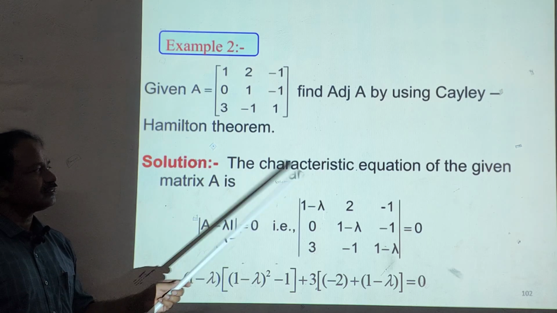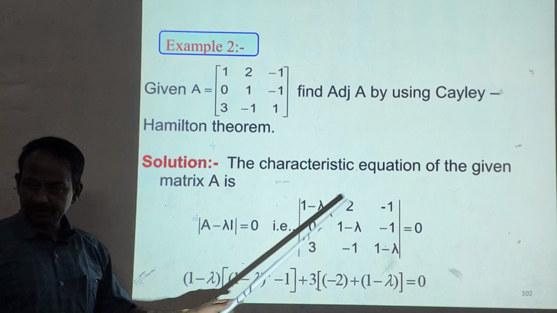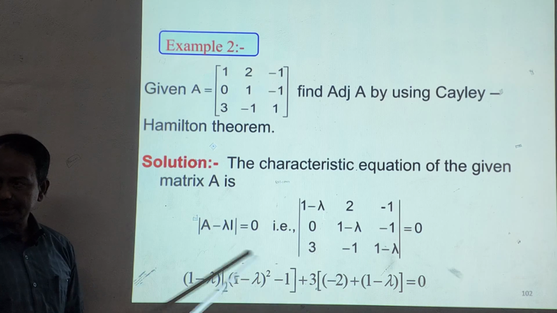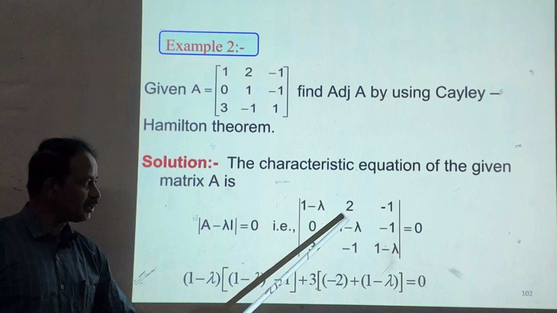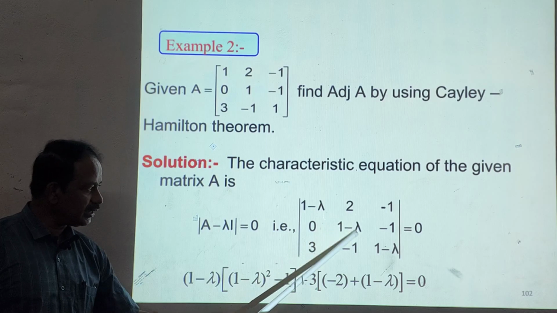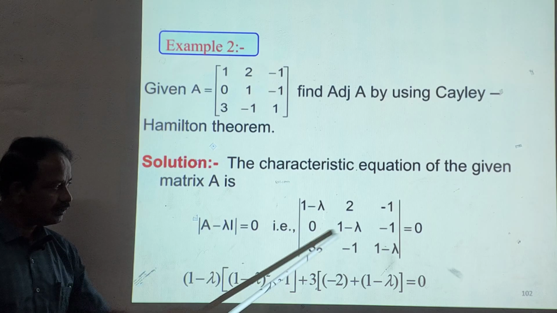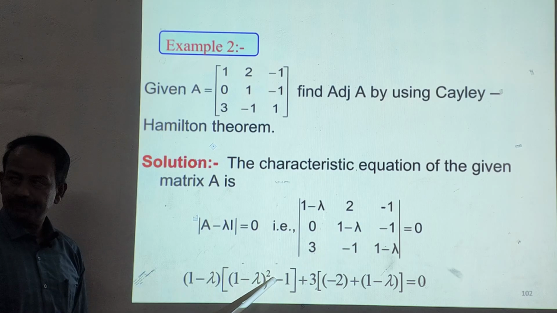First, we will find out the characteristic equation of the matrix. So, A minus lambda I equal to 0, and this is your A minus lambda I, and we can find out the characteristic equation exactly like this. So, 1 minus lambda multiplied by 1 by lambda multiplied by 1 by lambda squared. See here, 1 by lambda squared. Then minus 1 multiplied by minus 1 plus 1. 1 minus is there, so minus 1.